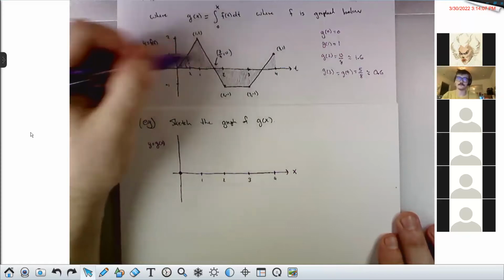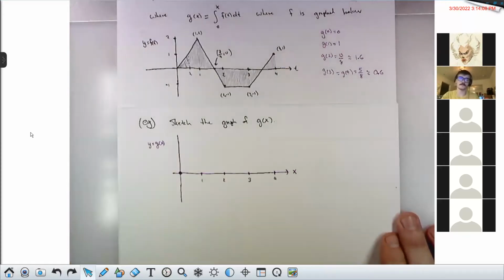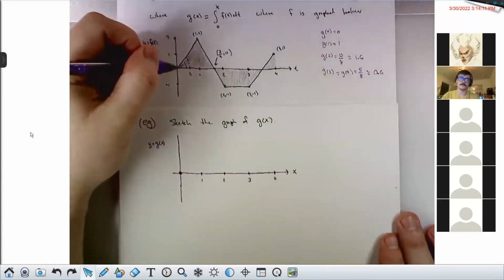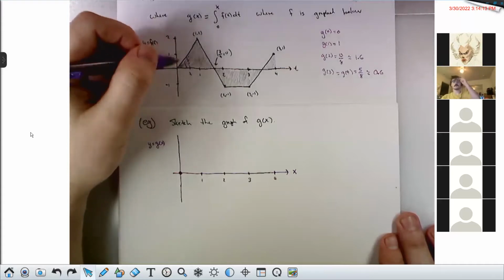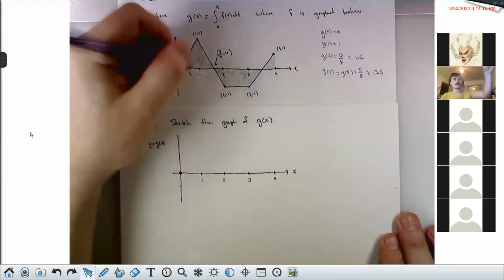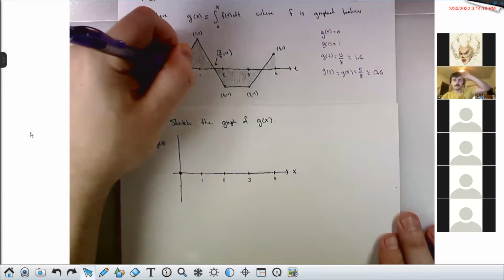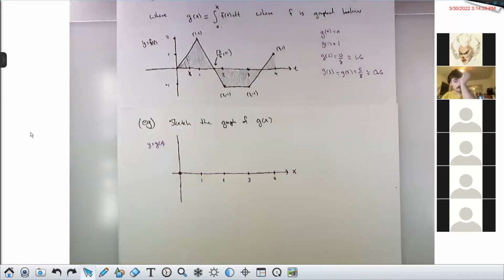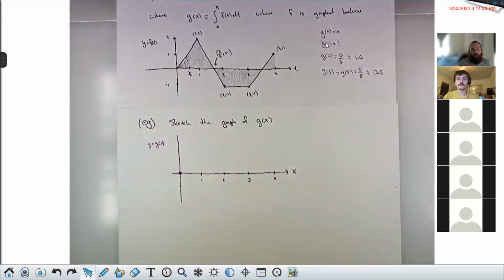Even if f was constant, g would be increasing quickly there. The fact that f is itself going up means that not only is the area increasing as x scoots to the right, but it's increasing at an increasing rate. In other words, concave up. So from 0 to 1, g should be growing quickly, concave up, and we reach, not a max, but we reach the point 1, 1.